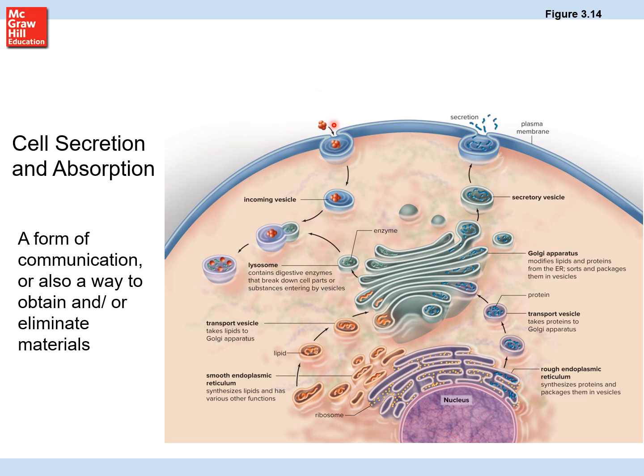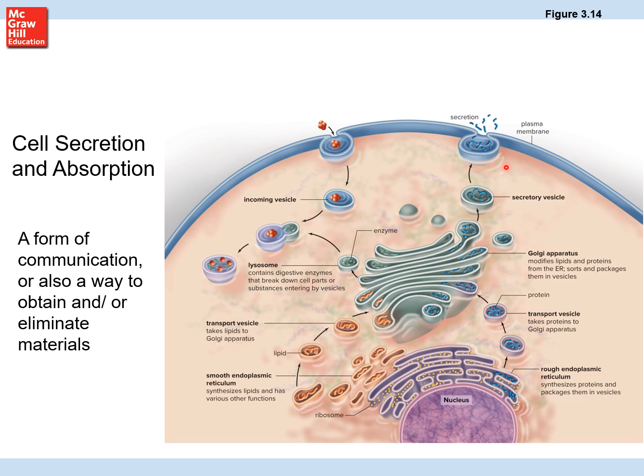If you're moving things into a cell, or sometimes across a cell, that's called absorption. If you are moving things out of the cell, whether it's back into a digestive tract or somewhere else, we call that secretion. It is a form of communication. For instance, you can release things like hormones.